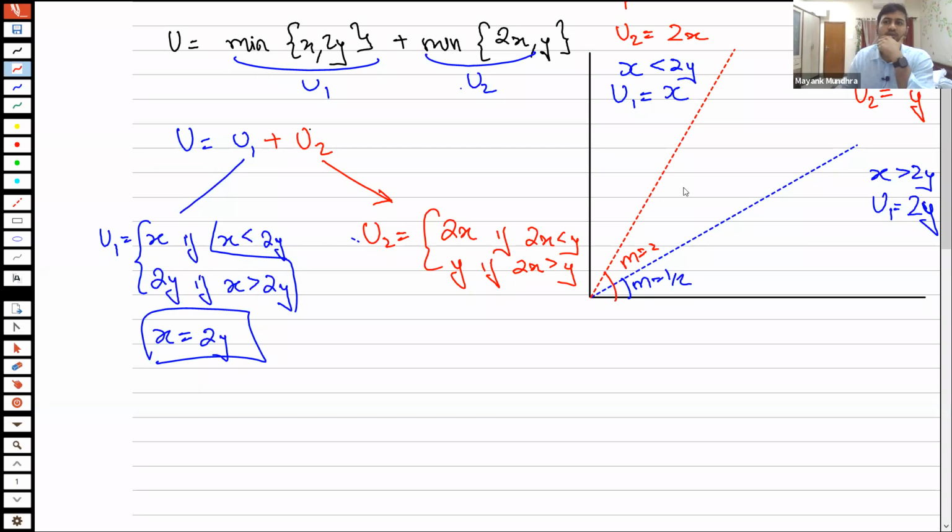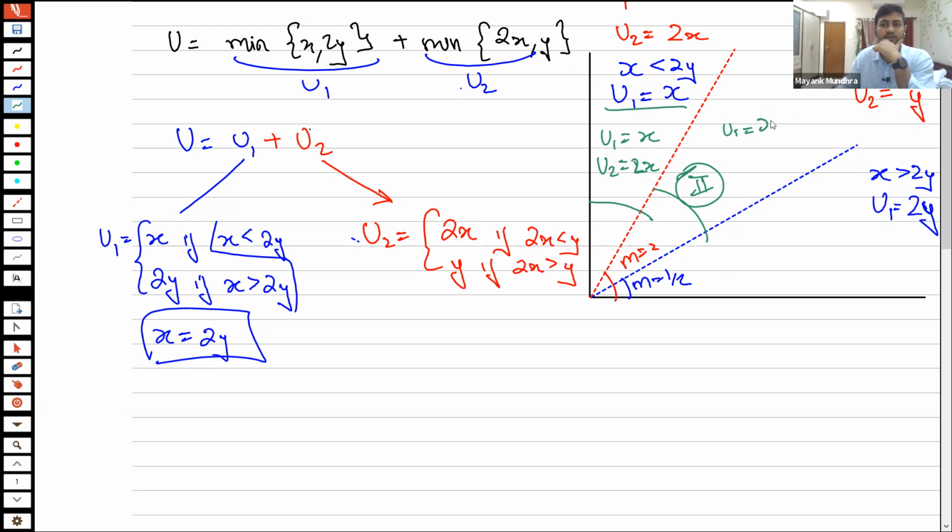Okay, so basically I have three different regions now. In region 1, u1 is x and u2 is 2x. In region 2, u1 is decided by the position relative to the blue line. Since you are to the left of the blue line, you would still follow this rule.